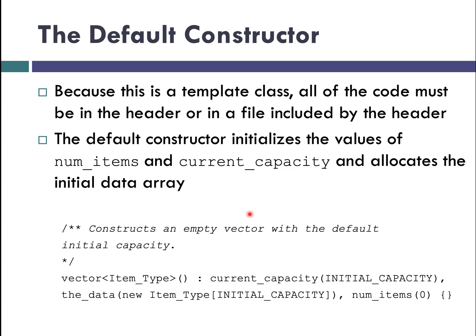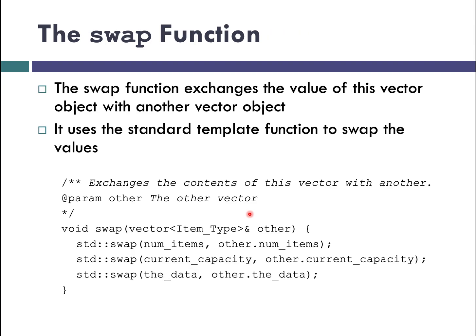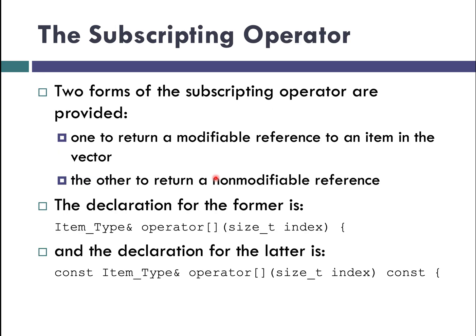So we're going to have a constructor at this point, which will allow us to initialize, in this particular case, that data type pointer that we had, and do other things. We're going to actually put in a swap function that allows me to swap elements and values inside of my container.